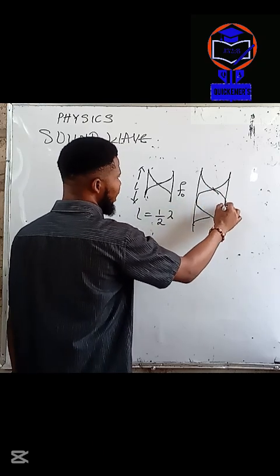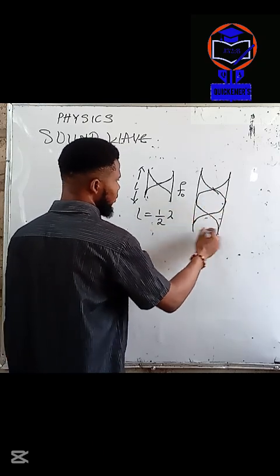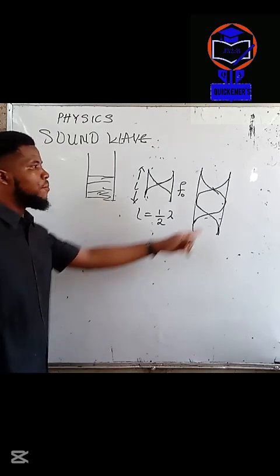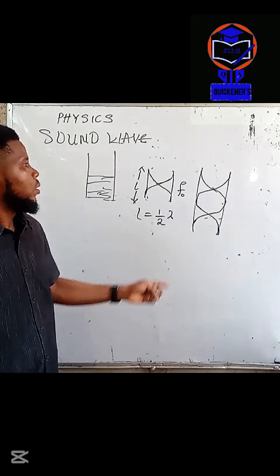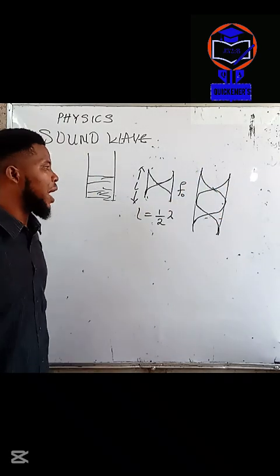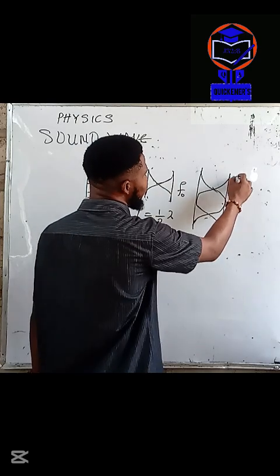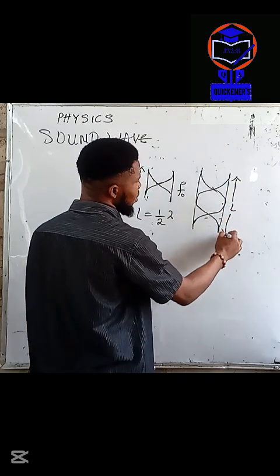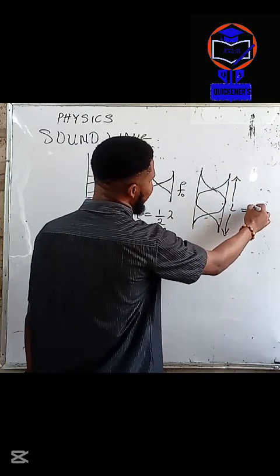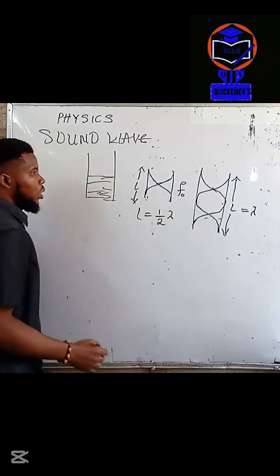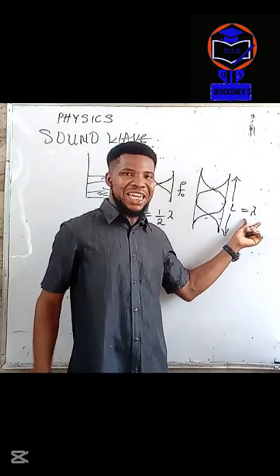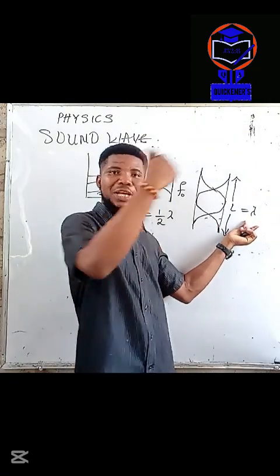The next harmonic will be had when the air column vibrates in this format. So with this vibration, how many lambda can you see here? This is 1 lambda. So the length here is equivalent to 1 complete lambda. How many half lambda is in 1? 2. Can you see? And it goes on and on.